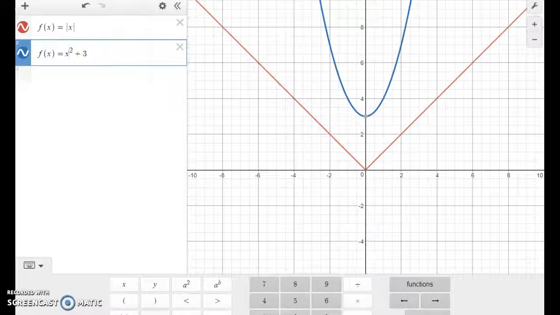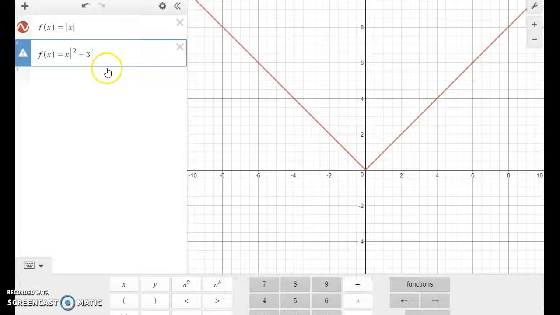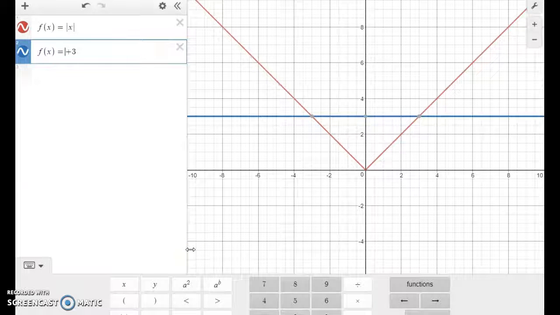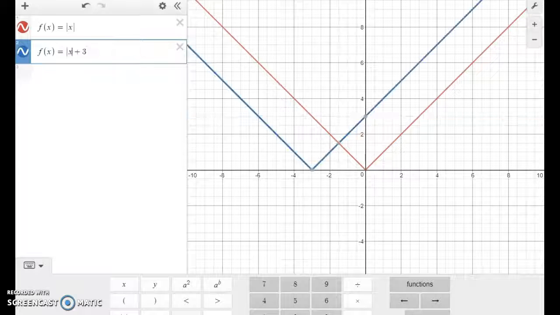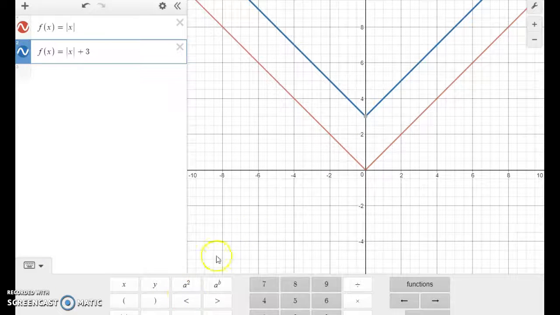And now I want the absolute value of x. And this time, if you notice, the plus 3 automatically moved it up 3.